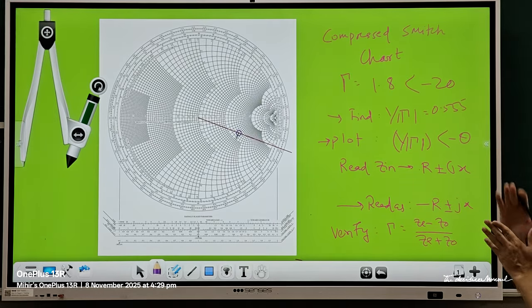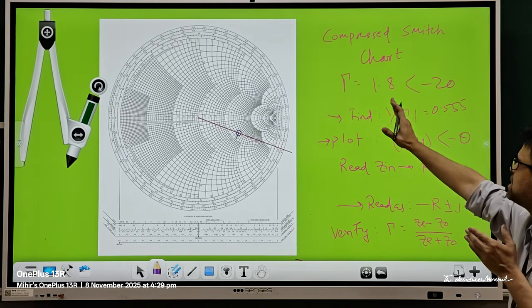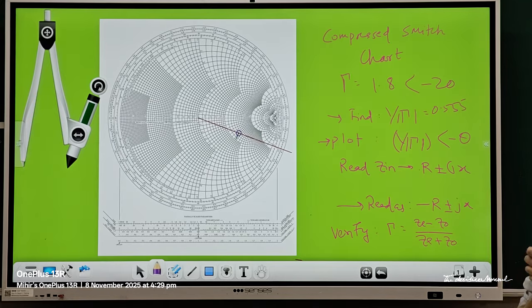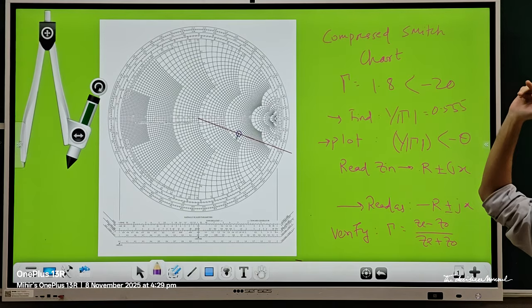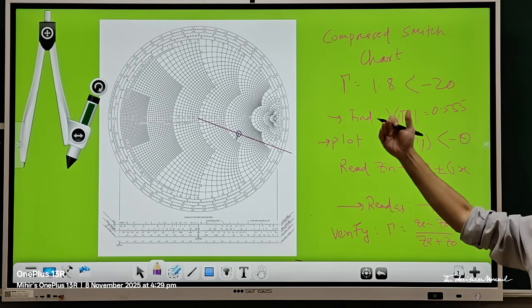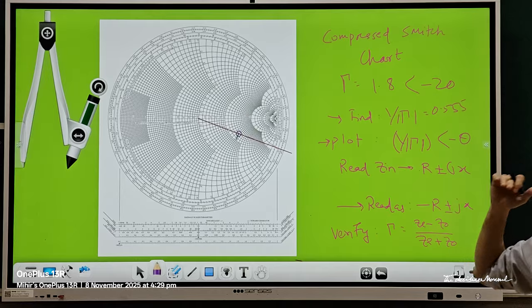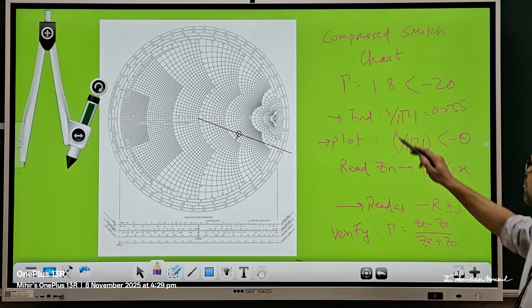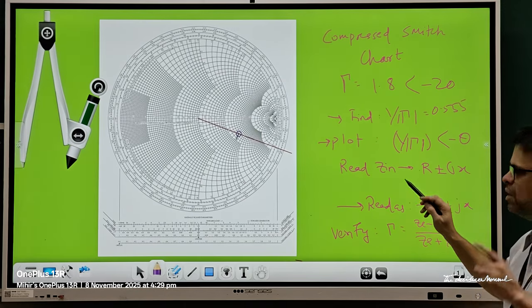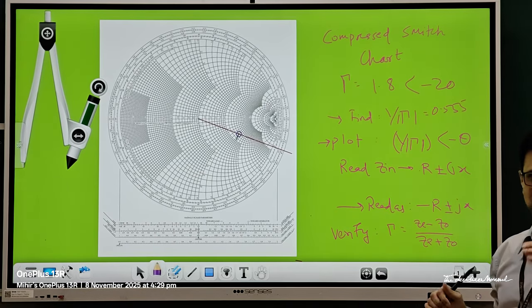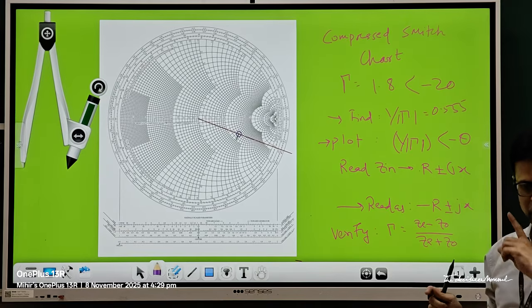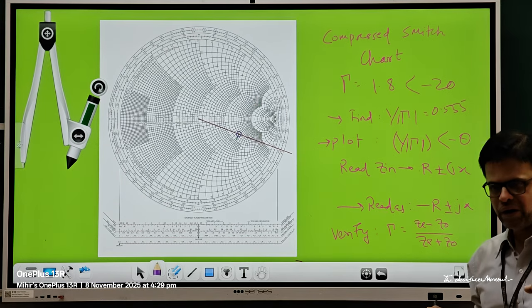I have given the problem over here. The gamma given to you is 1.8 angle -20 degrees. This particular reflection coefficient I want to locate on a regular Smith chart and read the corresponding Z value. The procedure goes like this. First, the value of gamma is given. You need to find 1 by gamma. Here you take only mod gamma, not the phasor angle.